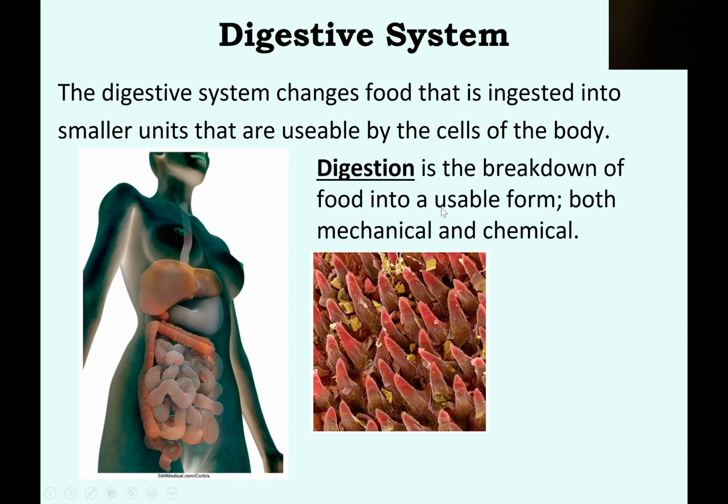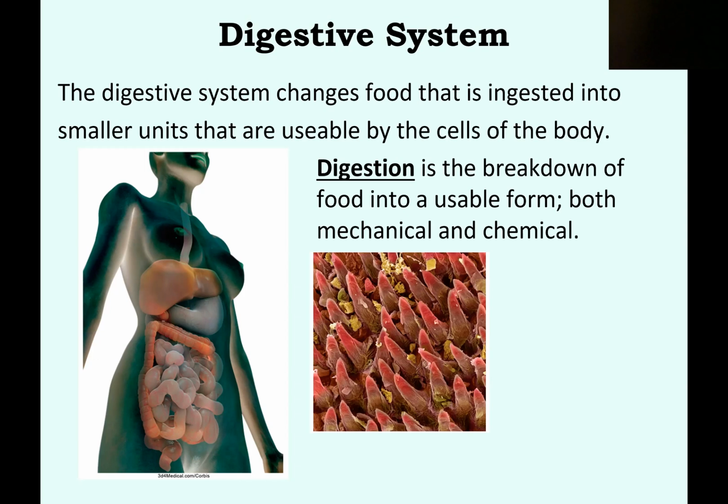There's 2 kinds of digestion. There's mechanical digestion and chemical digestion. So mechanical digestion is like shredding a piece of paper. And so with mechanical digestion, it's mastication, where we're crushing, grinding, mixing food with saliva in the mouth.